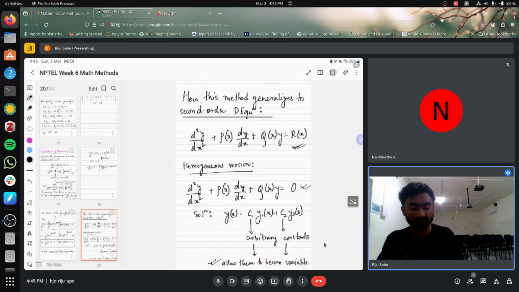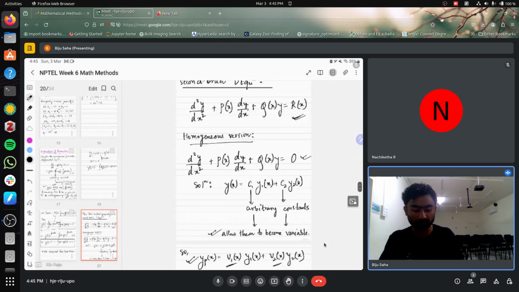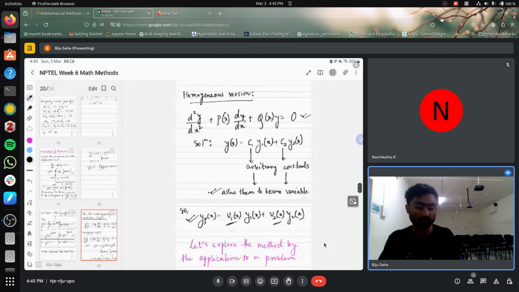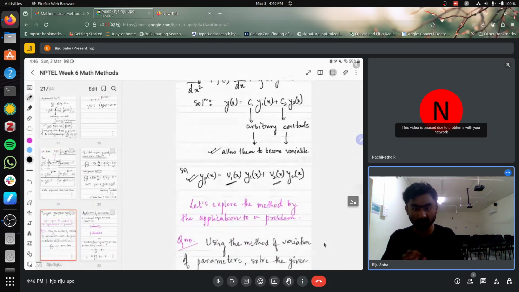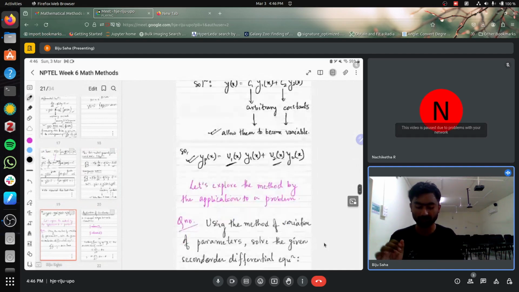So that is what our demand is. Obviously then it would put some constraint on V1 and V2. So mainly we have to find what is V1 and V2. So provided we get to know what is my V1 and V2, I can easily obtain my entire particular solution. So that is what the motive is.